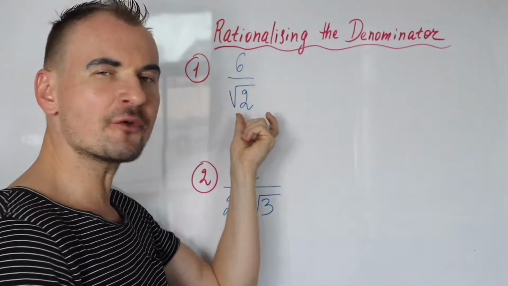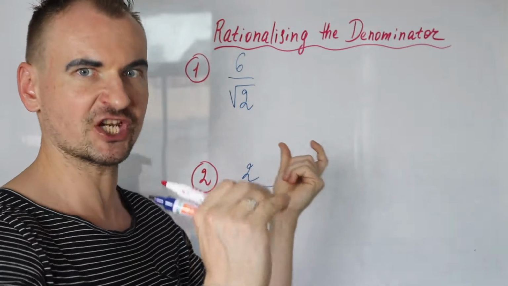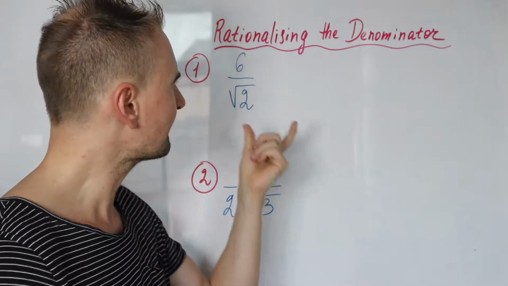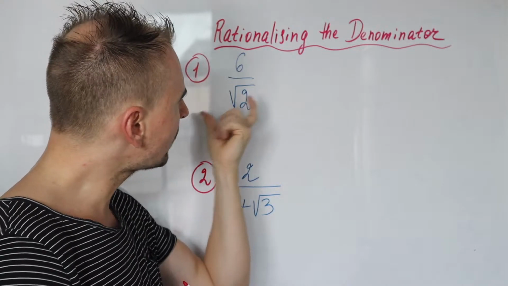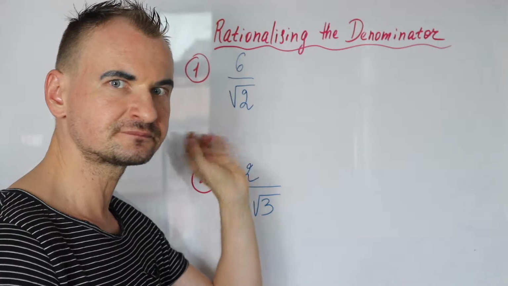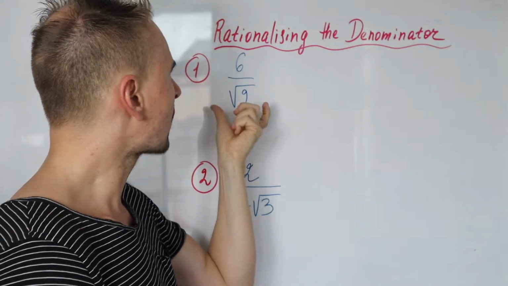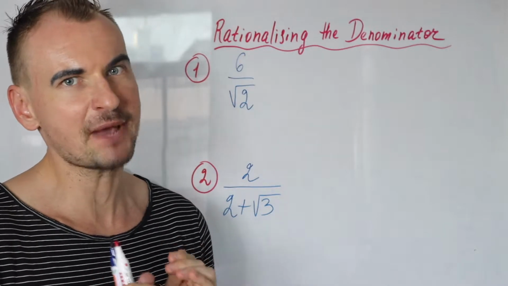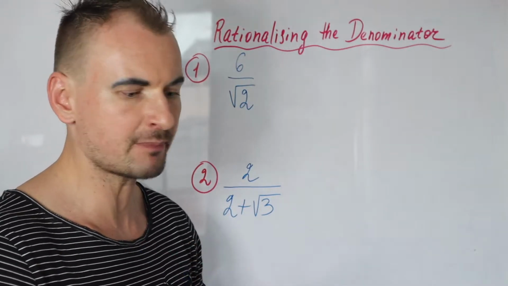So it's not a perfect square, otherwise we would just evaluate it immediately. And we want to remove this root from the denominator. There is a special technique that you need to apply here.